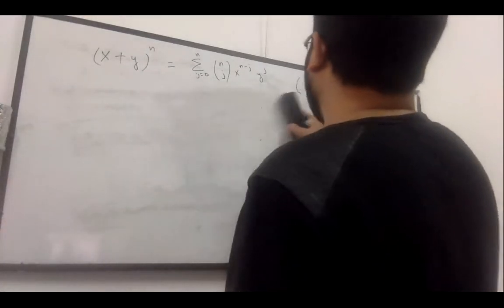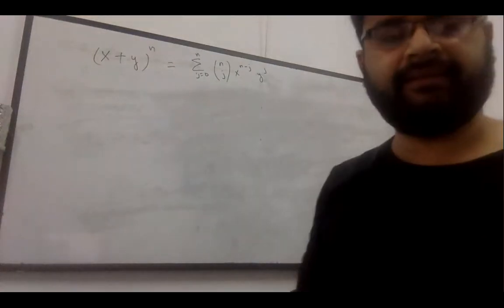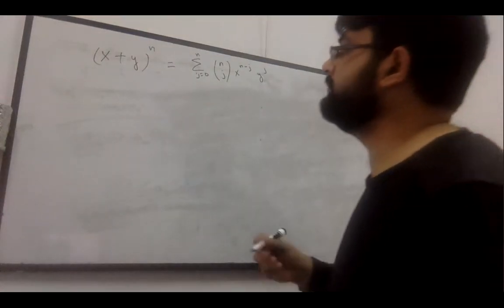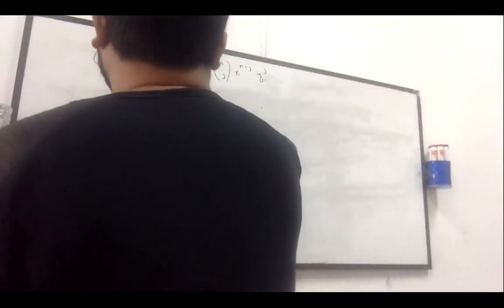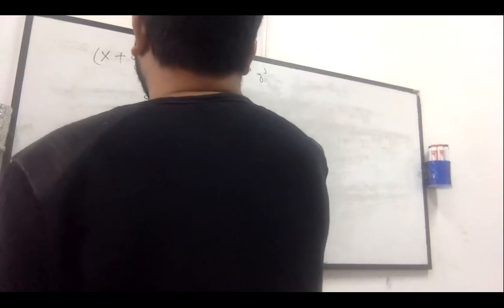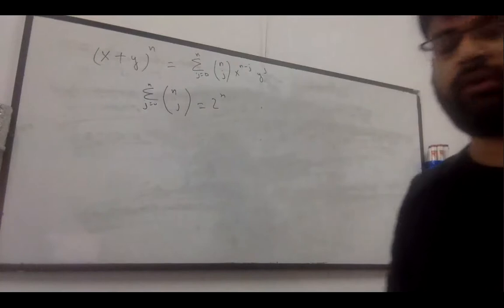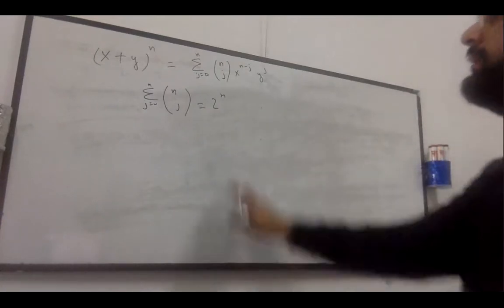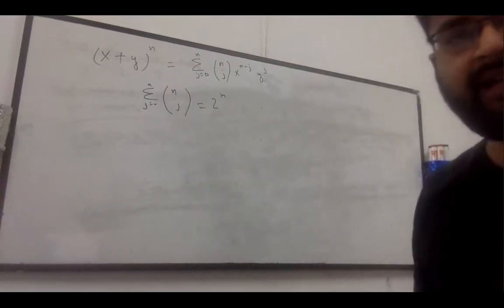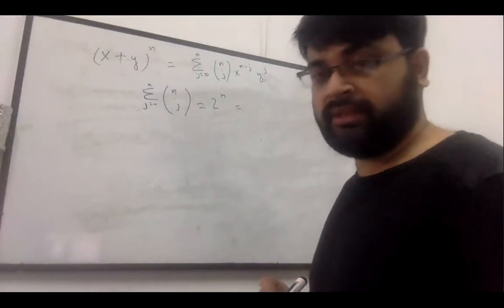So the corollary is something like this. It basically says that the summation of all numbers n choose j, for j equal to 0 to n, is 2 to the power n. How did it get 2 to the power n? How can we prove this corollary? The answer is very simple. 2 to the power n, we can represent as a binomial equation.